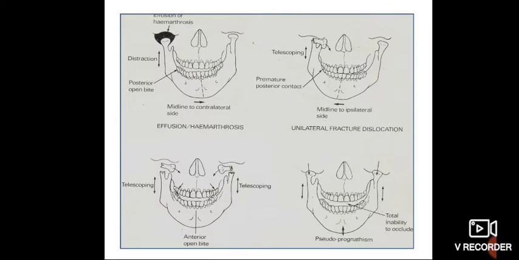So this is one picture which is depicting all the four conditions: a dislocation, a hemarthrosis, dislocation, unilateral condyle, and bilateral condyle. Just go through the picture again and again to understand once and for all, permanently. So whenever somebody asks you what are the clinical features in the long question, you need to write all this.